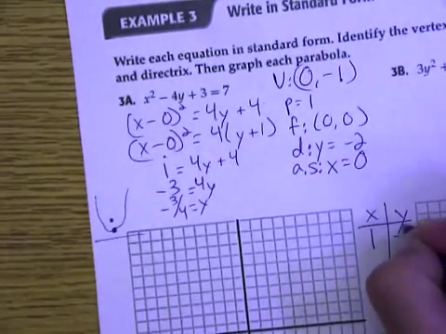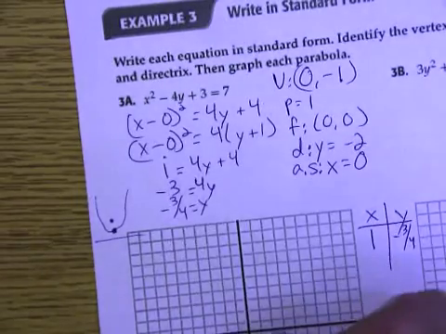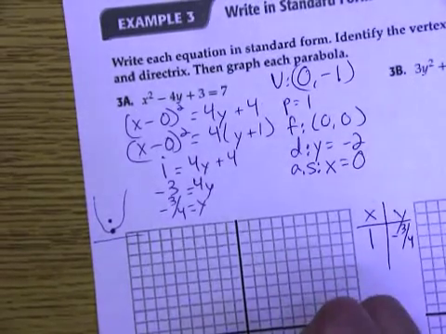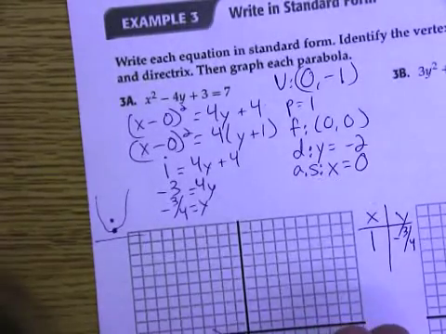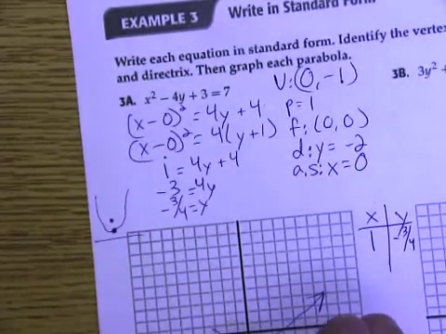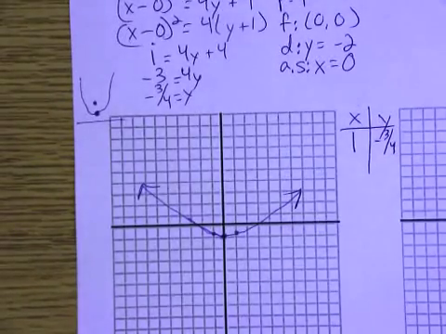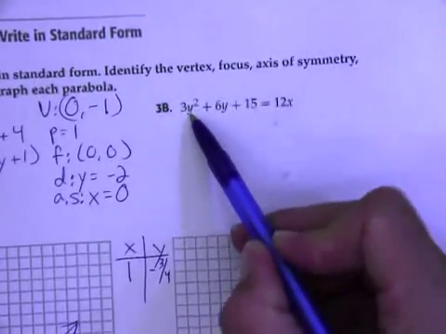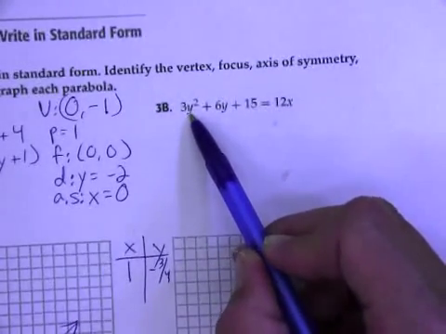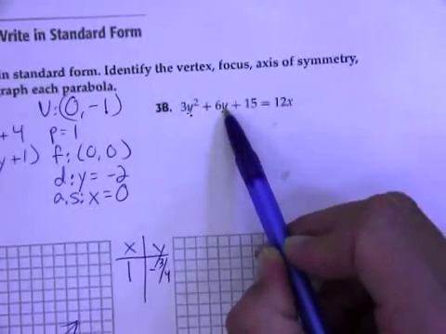Subtract the 4. I've got 4y equals negative 3. So y is negative 3/4. So when I plugged in 1, my y-coordinate was negative 3/4. So another wide-looking parabola.